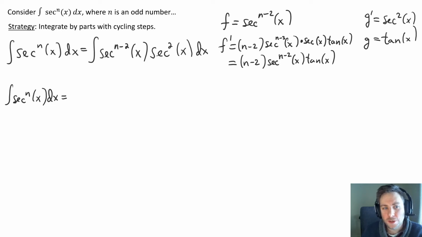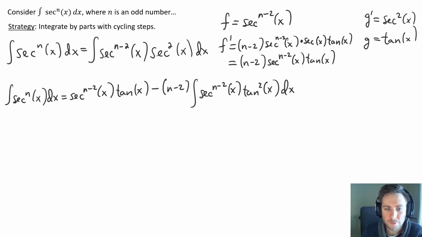The integral we want is equal to f times g minus the integral of f prime g. I've pulled out the n minus 2 since it's a constant anyway, and I simplified tan times tan as tan squared. So you can pause and confirm those details as necessary. Remember that we're trying to cause the integral to cycle here.